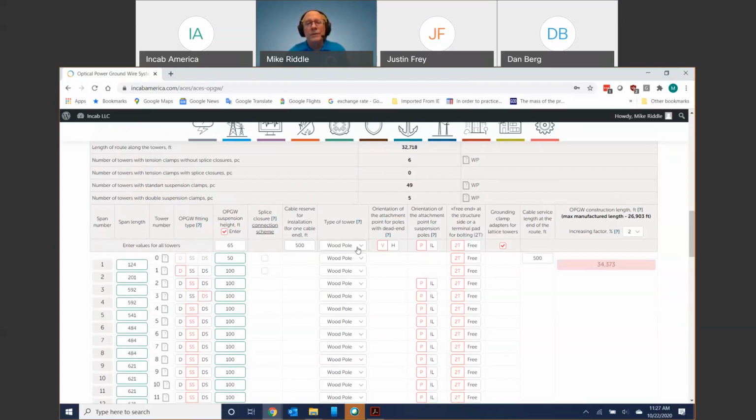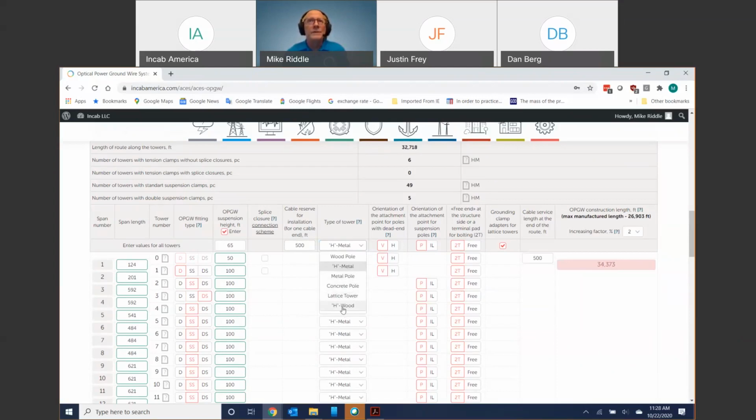I can control the tower type, so I can make a mass change from a wood pole to H-frame metal construction. The other choices being a monopole, like a steel monopole, spun concrete pole, lattice tower, or H-frame wood pole.